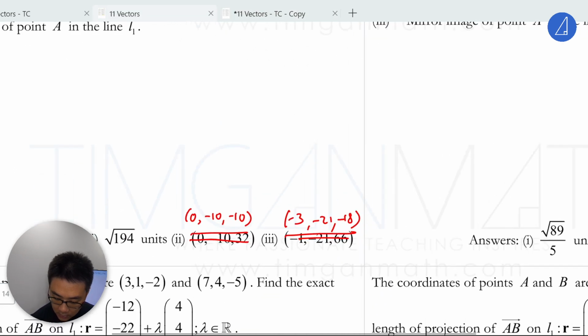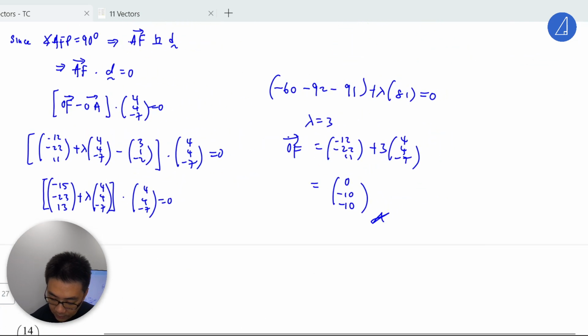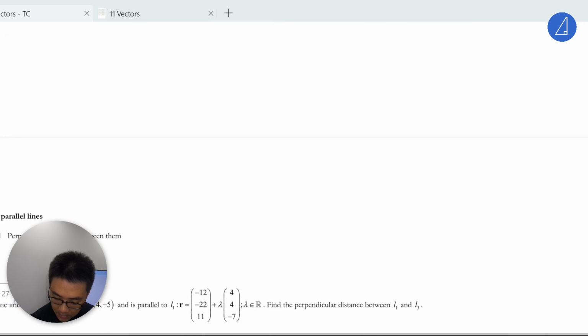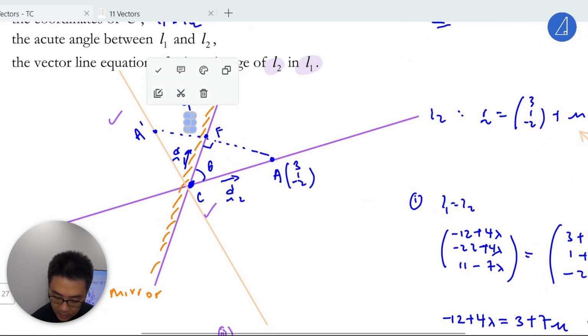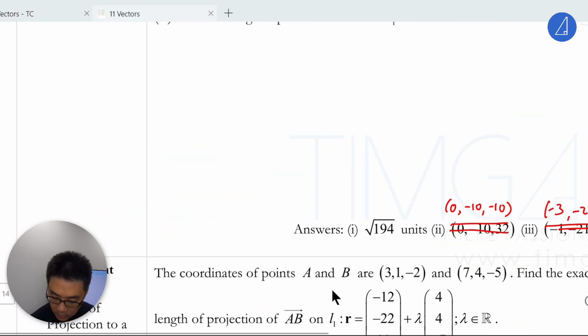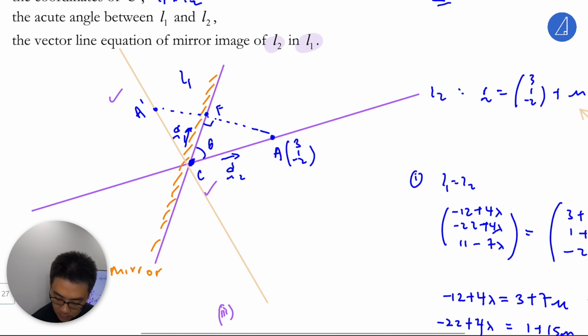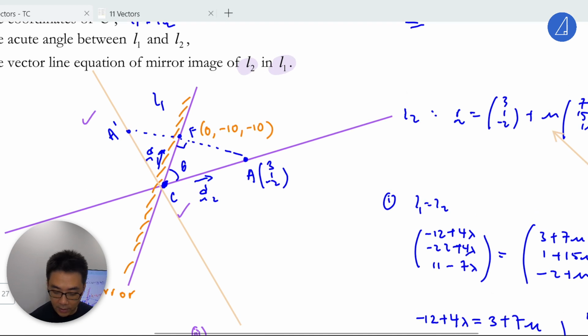Change your answer here: (-3, -21, 18). From the first part, I know that this foot of perpendicular here is (0, -10, ...). And from the first part we also know the mirror image, but I'll do this quickly.